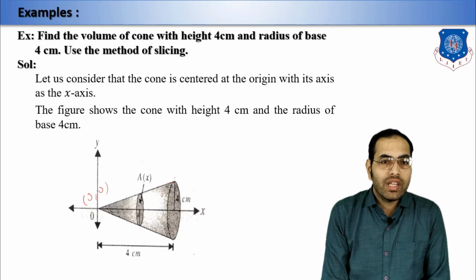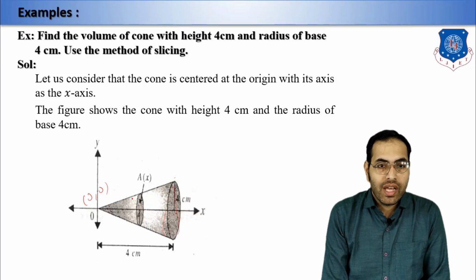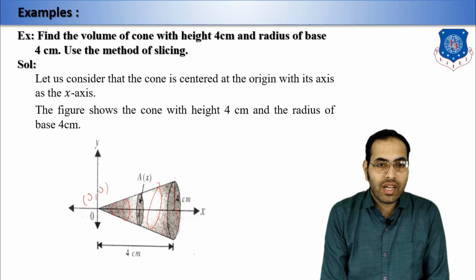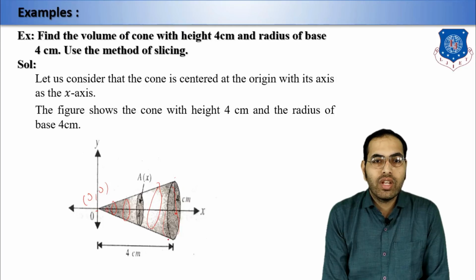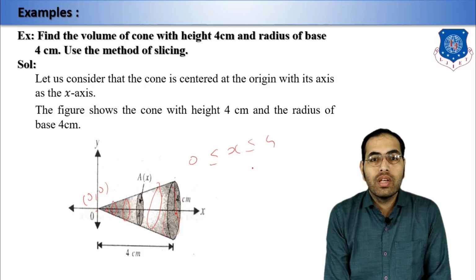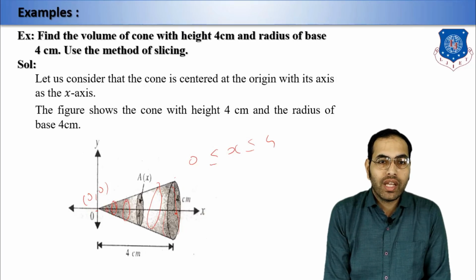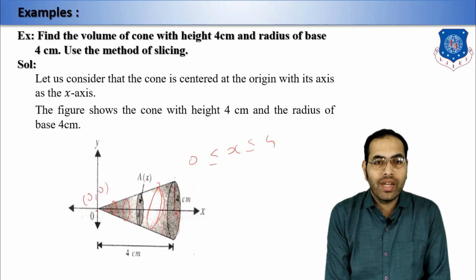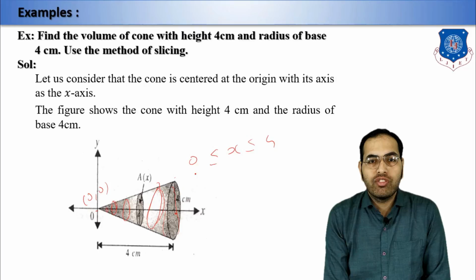Whenever we take a cross section here like this, this circle is indicated by the slicing. The minimum value is 0 and the maximum value is 4, meaning our x varies from 0 to 4. Whenever we take this slicing from the minimum point to the maximum point, the minimum point is 0 and the maximum point is 4.